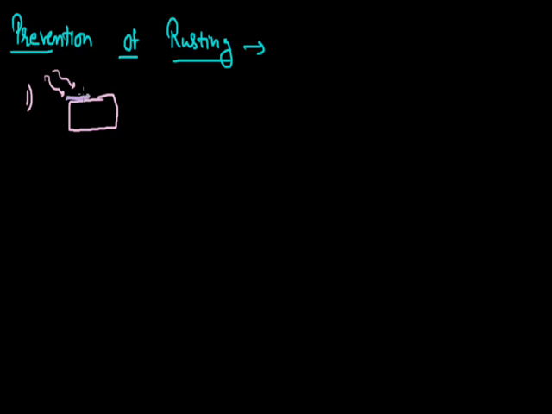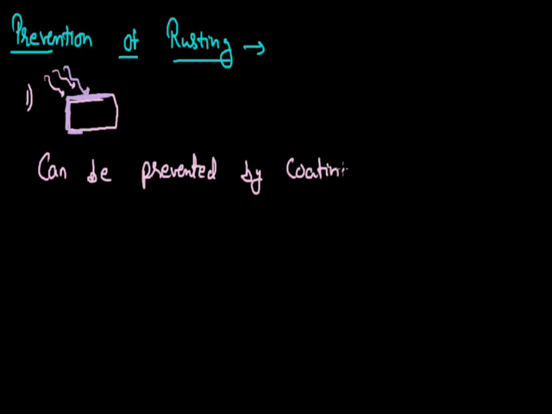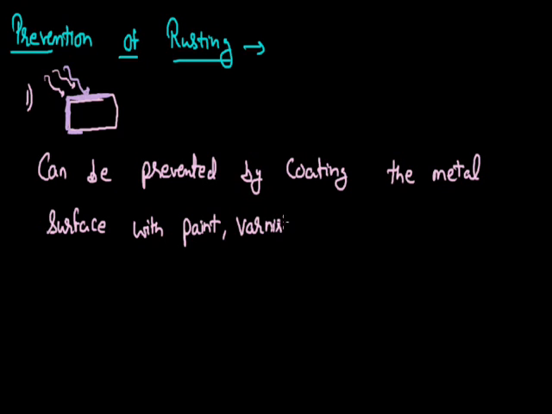If we coat the paint or the grease on the surface of the iron, it will not allow the water vapor to come in contact with the iron object, and this iron will not undergo the process of rusting. So this is the very first method of prevention.